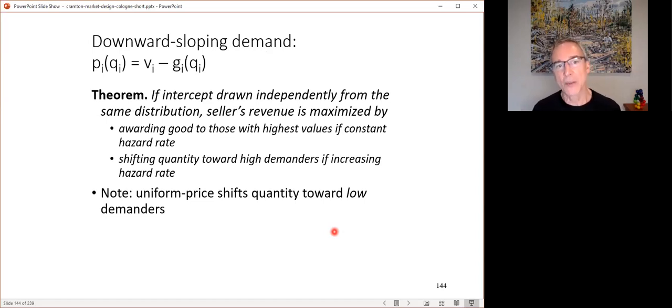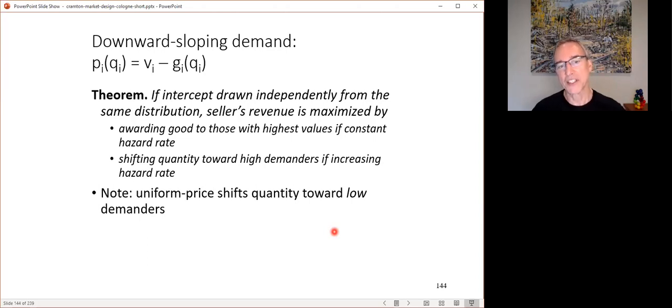When we have downward sloping demand, then actually we can say very little. Here's one theorem which we're able to prove with the mechanism design techniques from last class. But it's very special. It says that now we've got a linear demand, and if the intercept is drawn independently from the same distribution, the seller's revenues are maximized by awarding good to those with the highest values if there's a constant hazard rate.